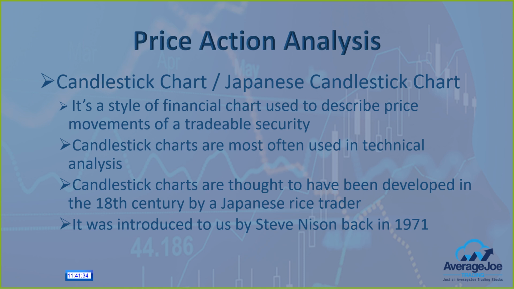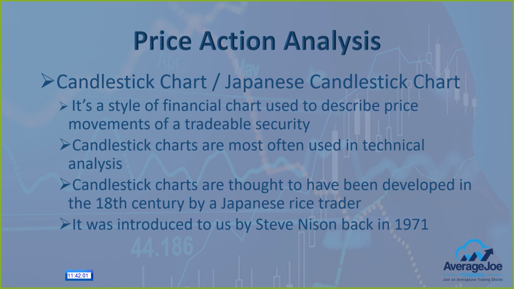We use these as a way to describe price movements in a tradable security, and for me, it's a stock. Candlestick charts are most often used in technical analysis. They're used in price action analysis and technical analysis.